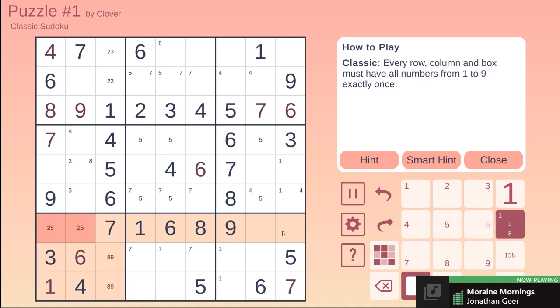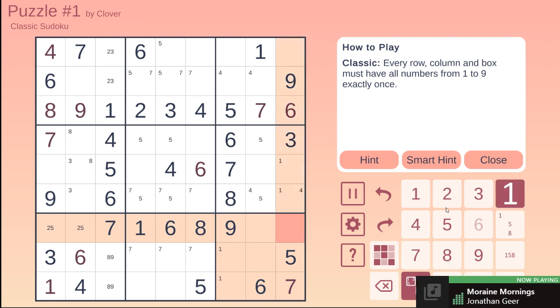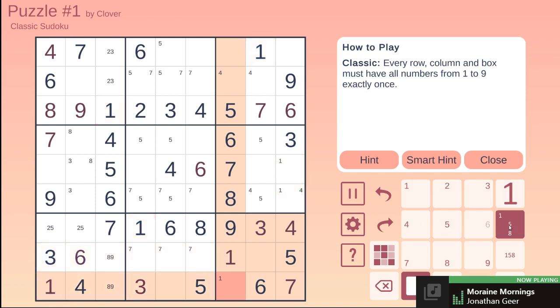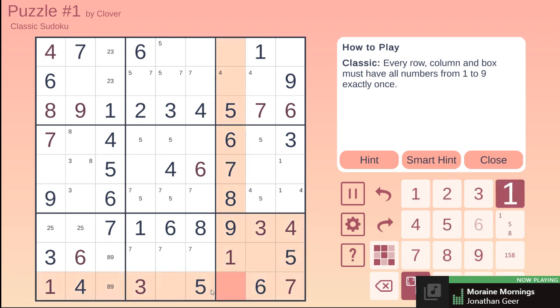Okay. Which means this has to be 3, 4. It looks like. So that means this is a 4 and this is a 3. That's good. That means this is a 3. This can't be a 1 anymore. So this is a 1. Wait. Yes.